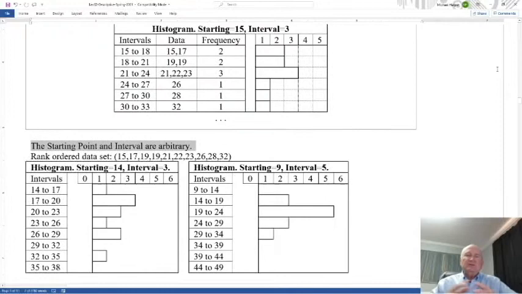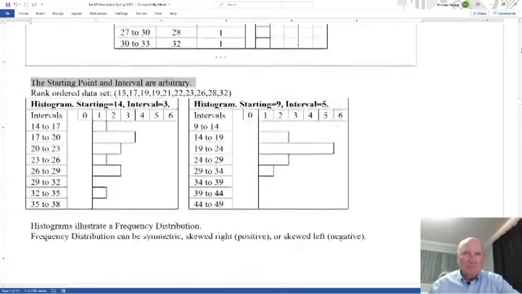You can make this distribution look pretty different ways. You can try different parameters, starting point and interval, to have different looks. So it's descriptive, but you're describing it different ways. Same data. Now let's see how this can be used and misused.